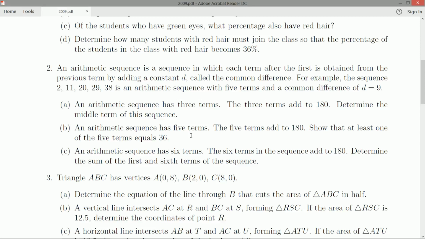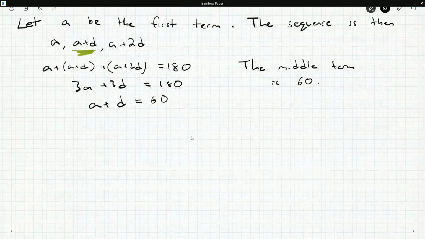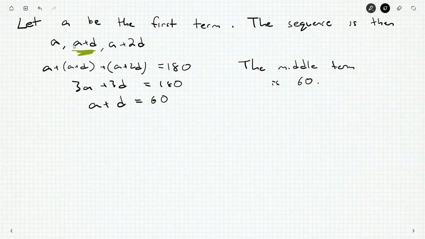The last one we were able to get the middle term, although we wouldn't be able to guarantee what A could be. If I pick A as 1, I can choose a D so that I get 60 here. So we think about it, and we say, how does 36 relate to 180?